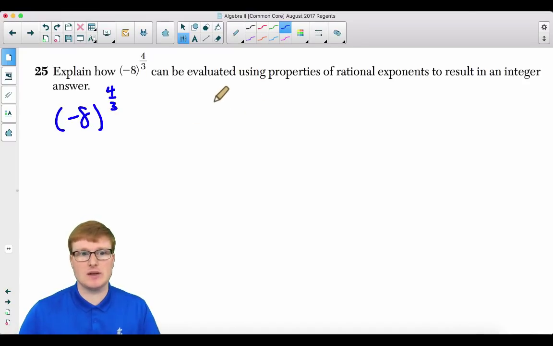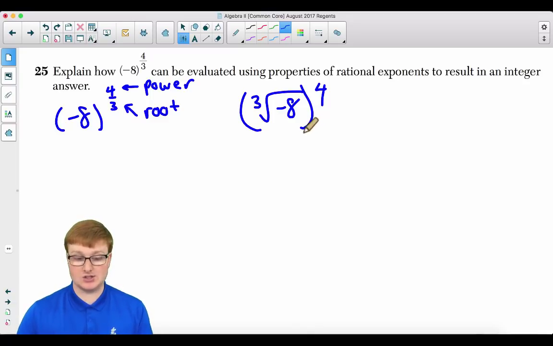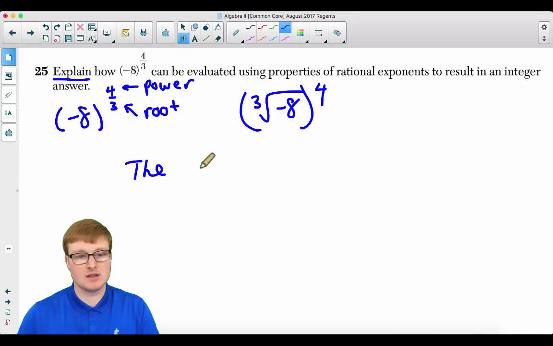But basically, this is what you're doing. 4 is your power. 3 is a root. Another way that you could write this is the cube root of -8 to the 4th power. Or basically, you could even do the cube root of -8 and raise this whole answer to the 4th power. Either one is correct.